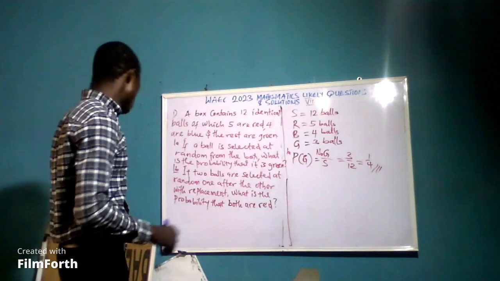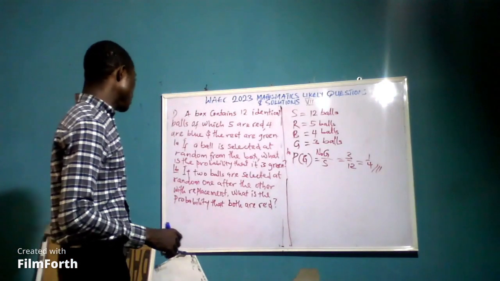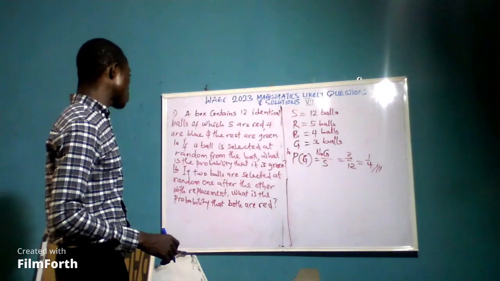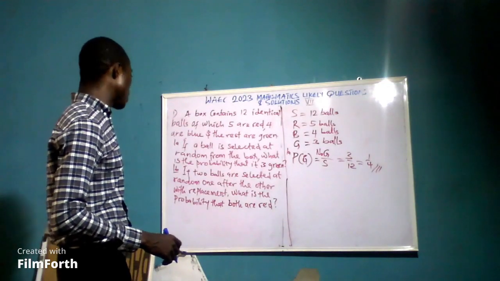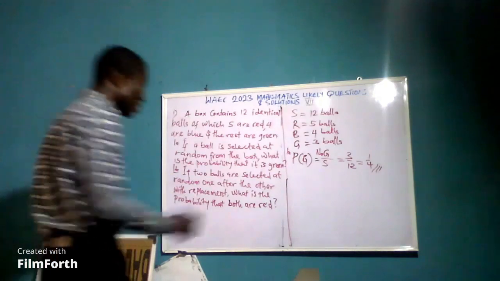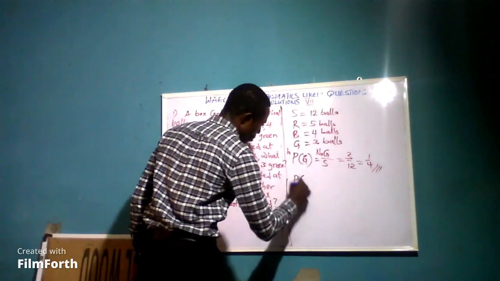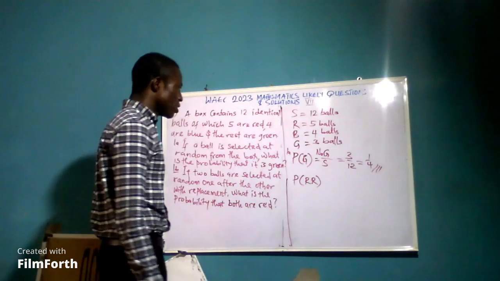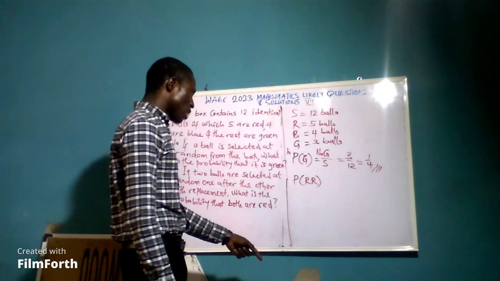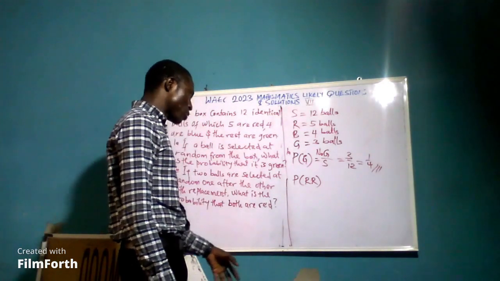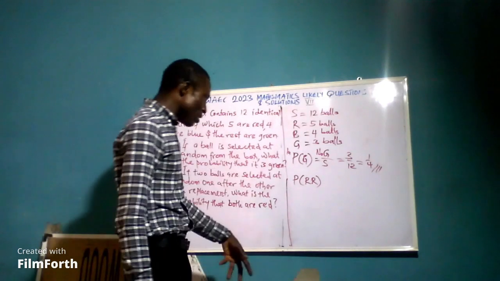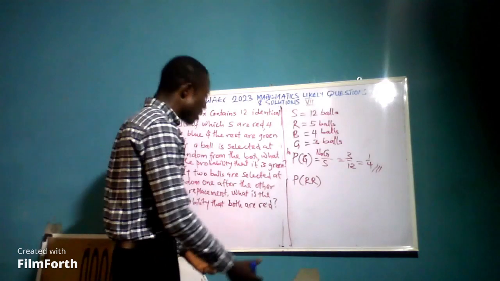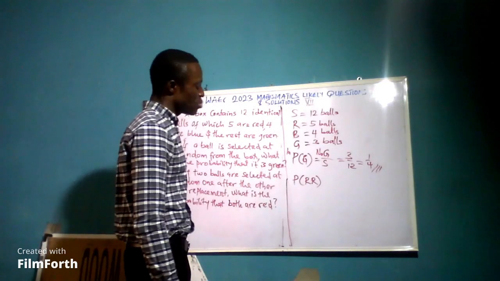Let's move to question 1B. We have to find the probability of having both to be red if two balls are selected at random, one after the other, with replacement. That is the probability of red and red. The probability of having the first selection to be red, and the second selection also to be red.